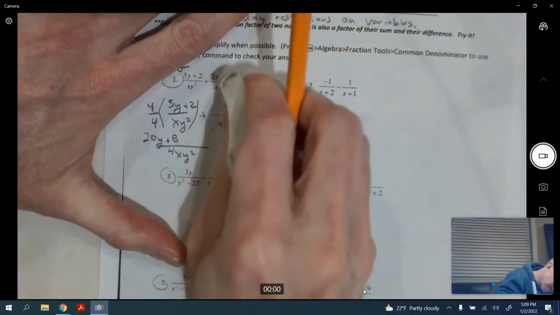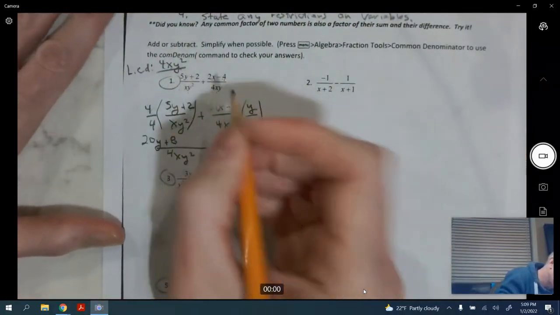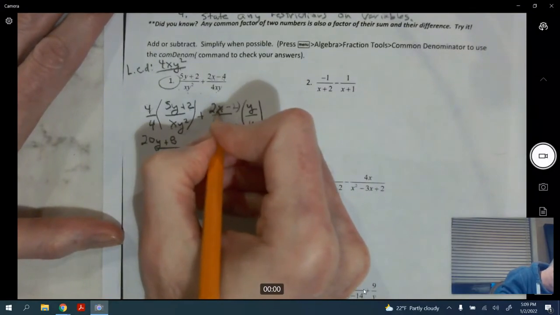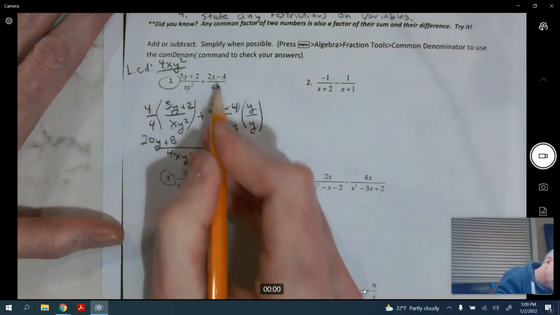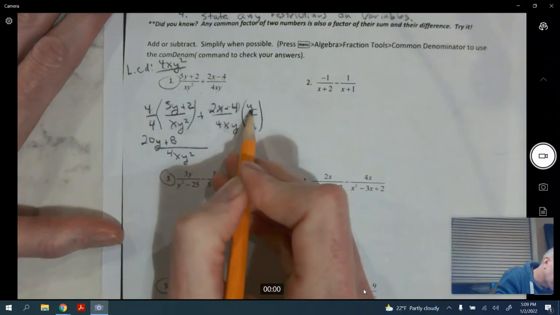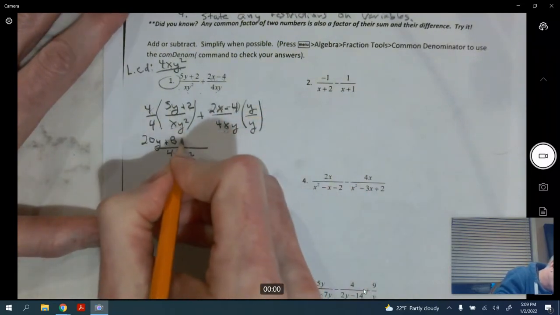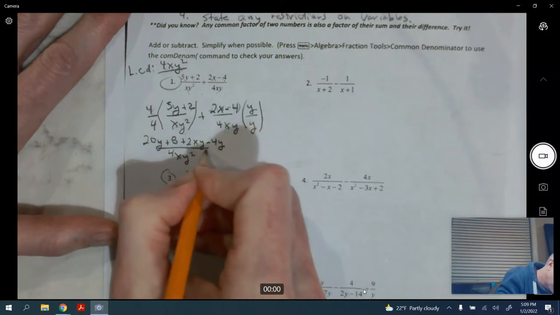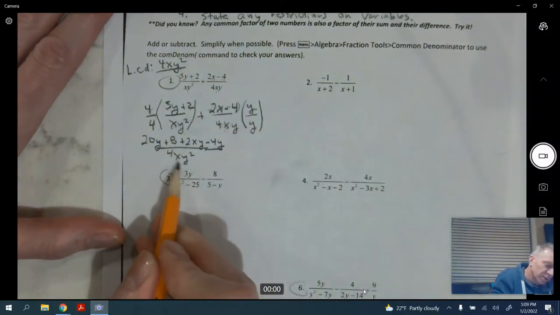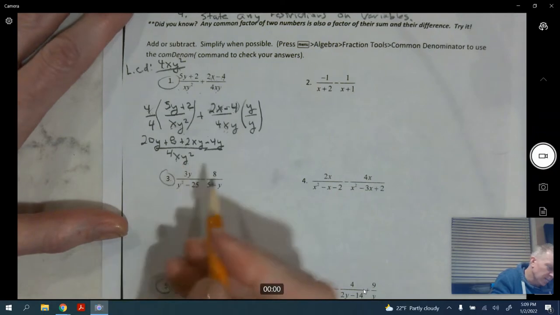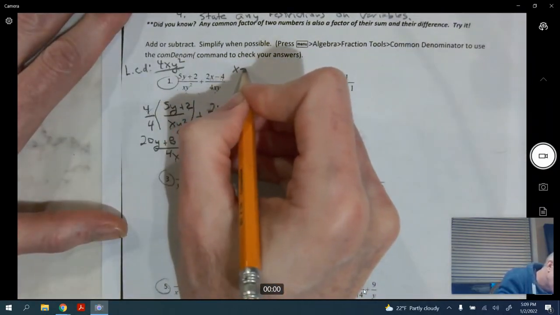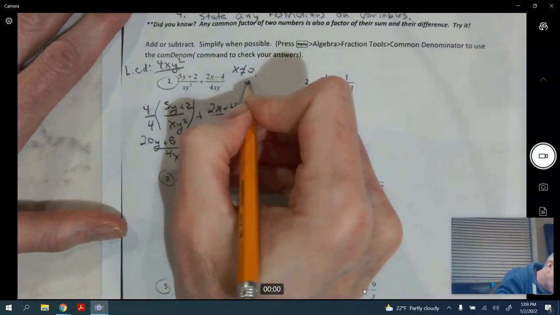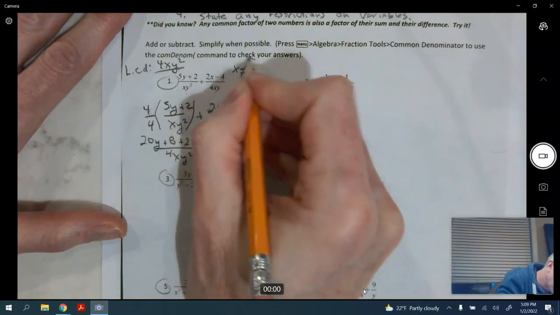Let's leave that as 2x minus 4 times y, so we get 2xy minus 4y. Right now, our only restrictions: x cannot be 0 and y cannot be 0.